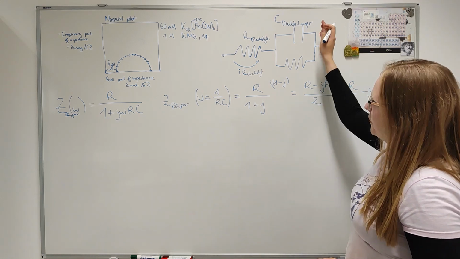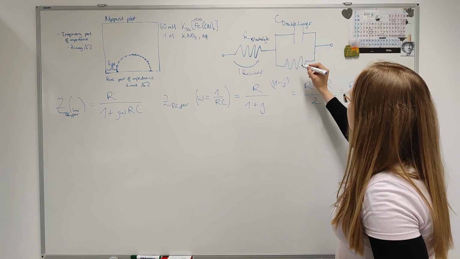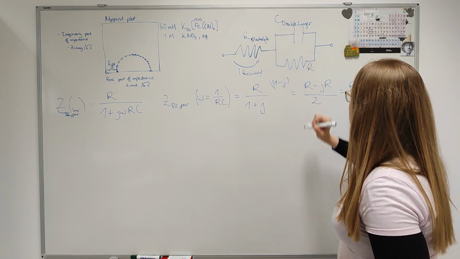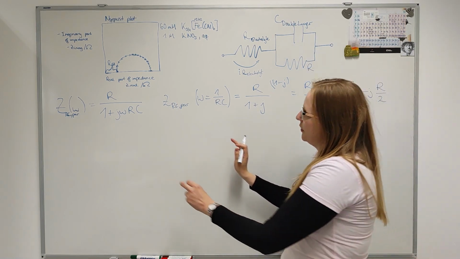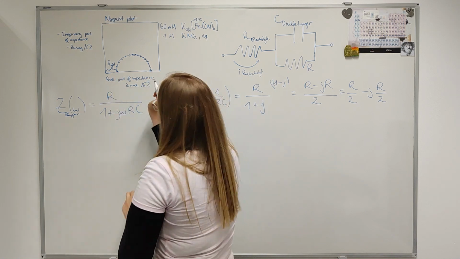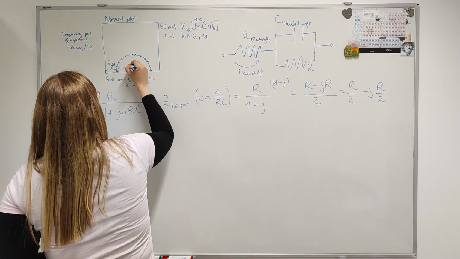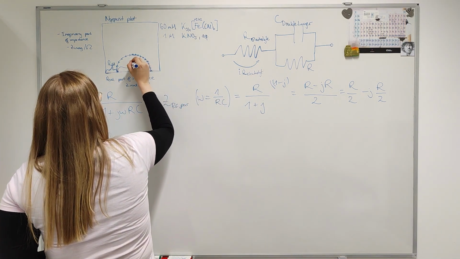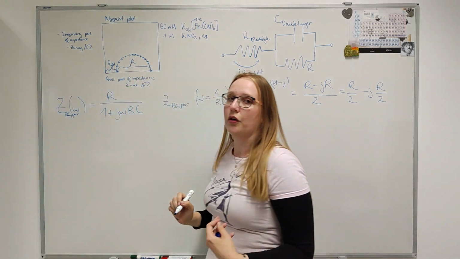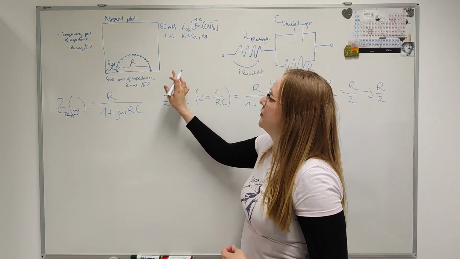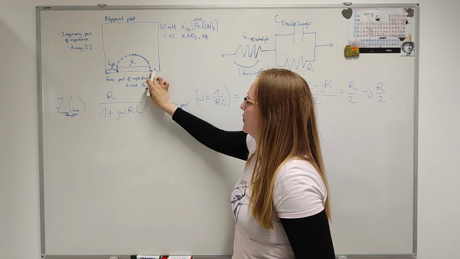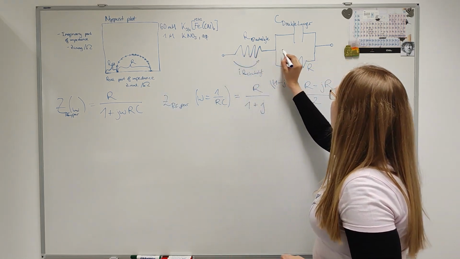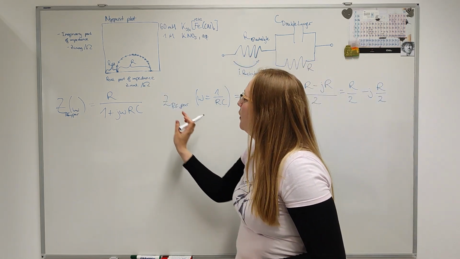So, considering this parallel RC circuit, I write here just R for now for the resistor, we know that this is the diameter of the semicircle. Because if we go to very low frequencies, if the angular frequency approaches 0, the current will flow through these two resistors.